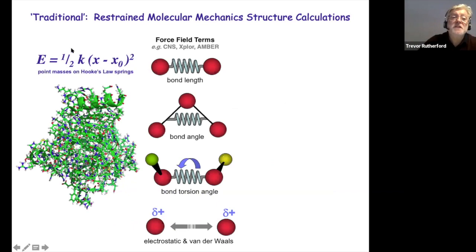And we use the traditional methods of molecular mechanics calculations, in which we take point masses on Hooke's law-like springs for every bond angle, bond length that's in the molecule. That's sort of intrinsic. But if you were to run those kind of algorithms without the addition of NMR restraints, you normally get absolute rubbish out at the end.